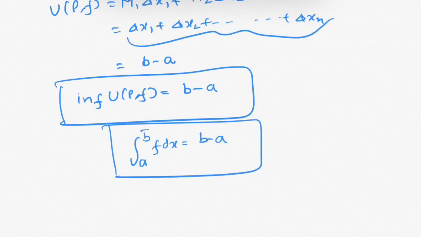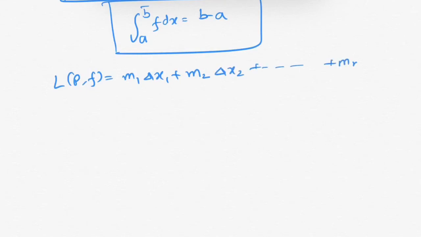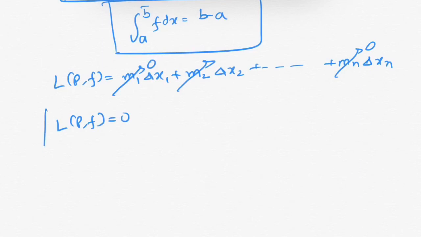Now let's find the lower Riemann sum L(P, f). This equals m1 delta x1 plus m2 delta x2 and so on mn delta xn. All mi's are 0, so this is 0, this is 0, this is 0, so L(P, f) will be 0.